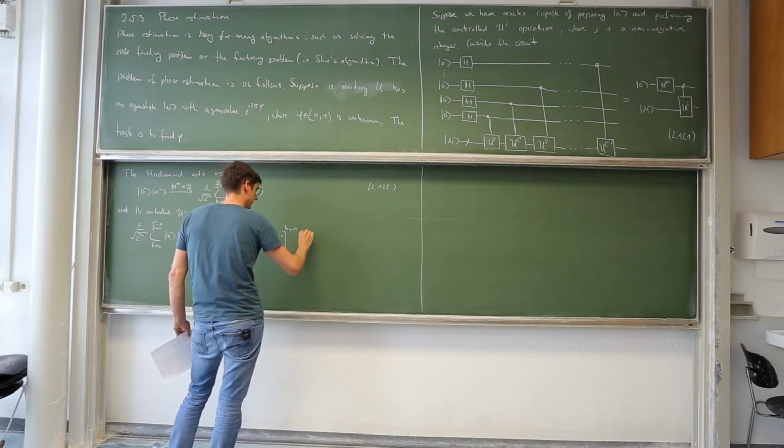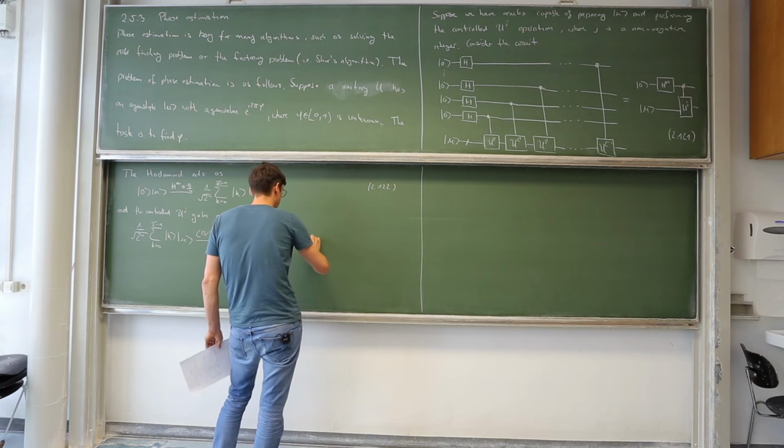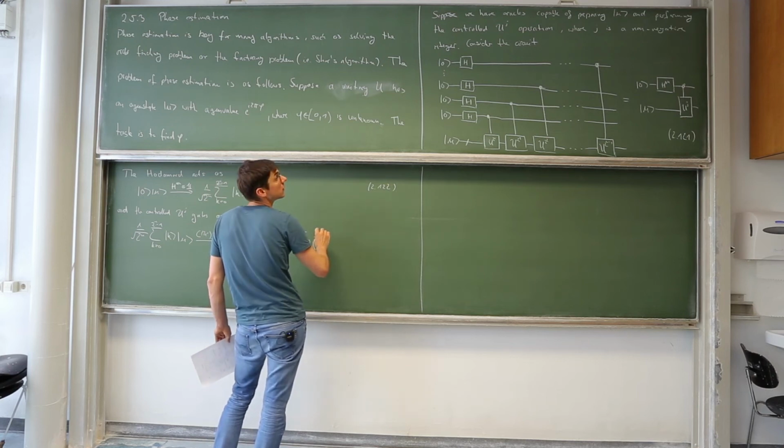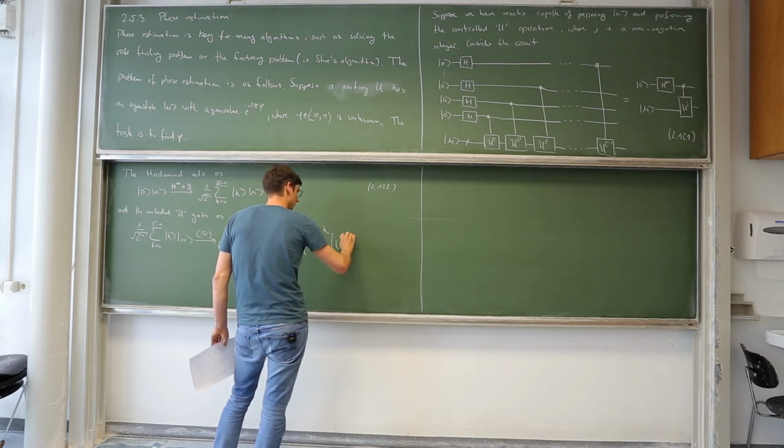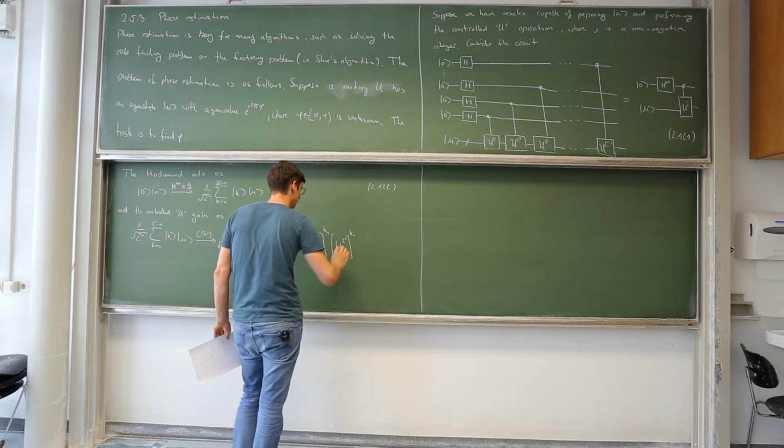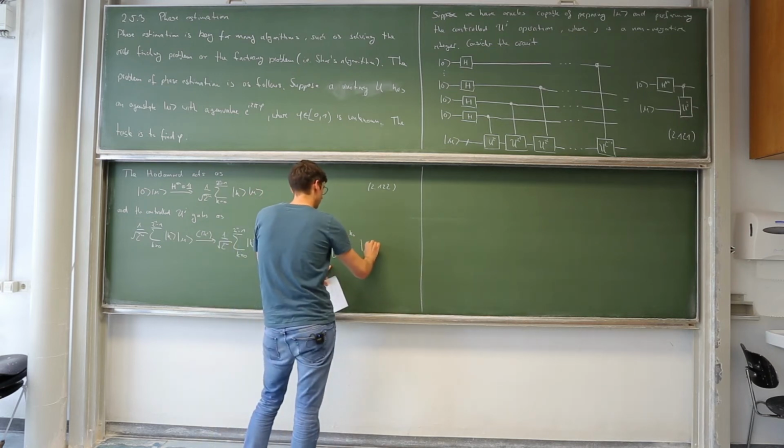And then we have U to the power of 2^1, which is controlled by the bit k_1, and U to the power of 2^0, which is controlled by k_0, acting on u.